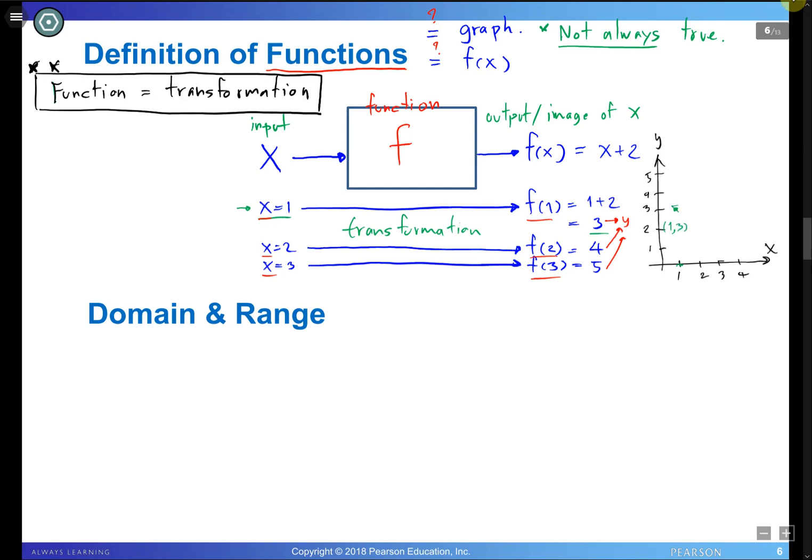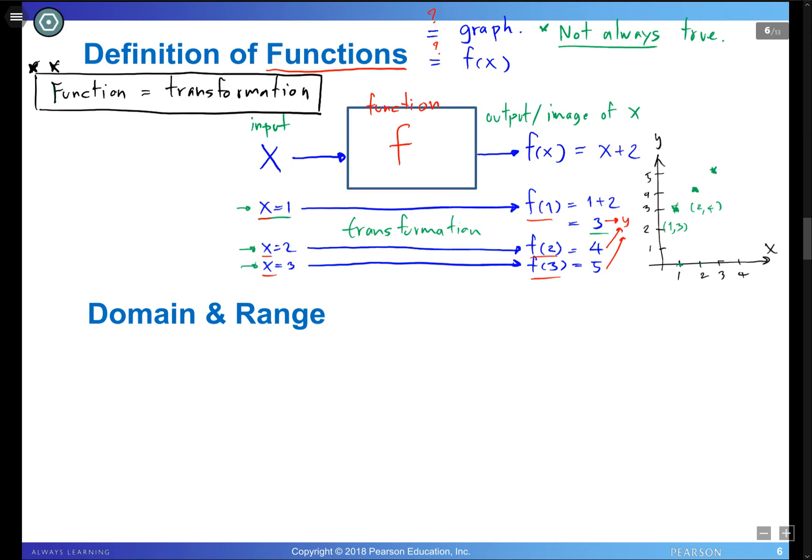So we get this point. Now next one, x equal to 2 and the image is 4. So x equal to 2 right here, going up here, and we get this coordinate, 2 and 4. Next one, x equal to 3, image is 5. So we get another point right here, 3 and 5.